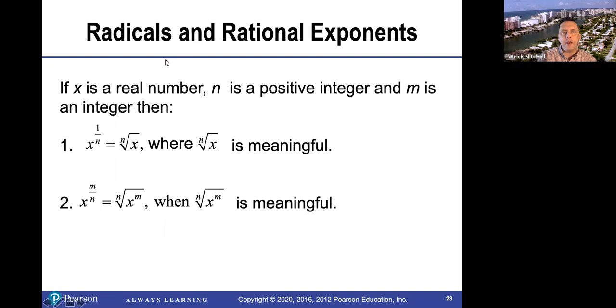And there's actually another way you can do this. You can also think of it as the nth root of x, do that first, and then raise that number to the power m. It's equal to either one of those things as long as the nth root of x to the power m is a defined real number.